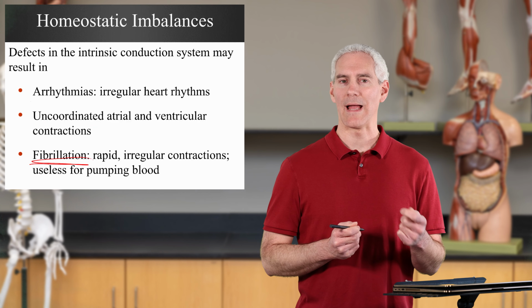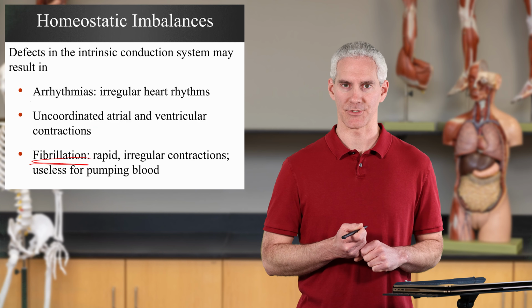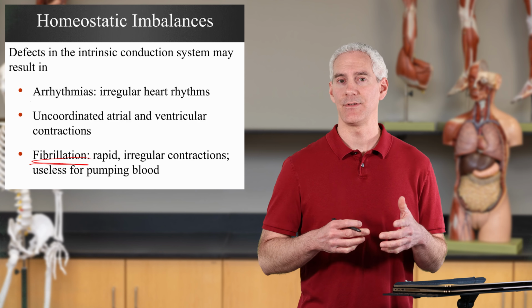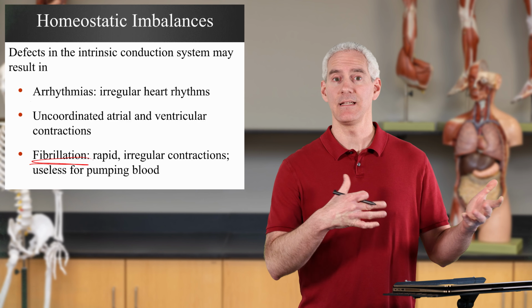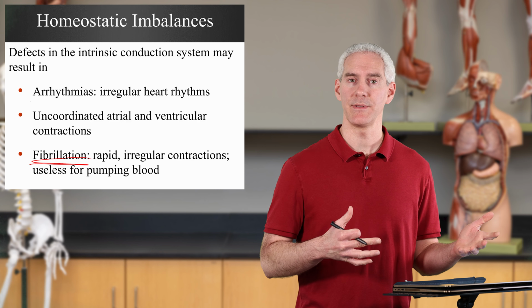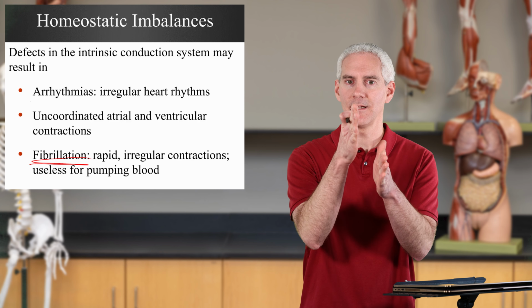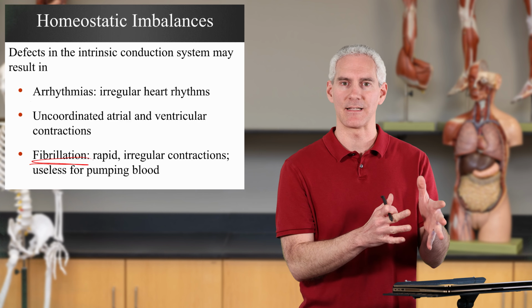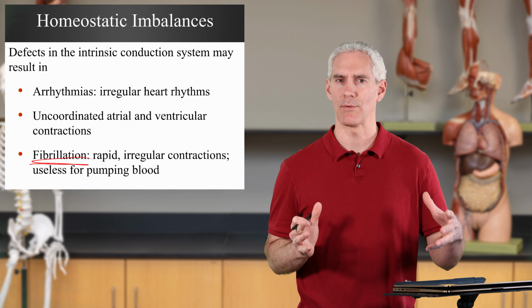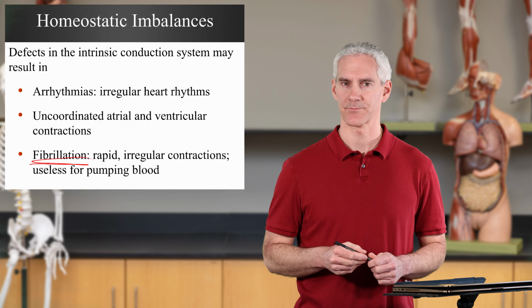Fibrillation, rapid irregular contractions. So you might end up having, if your heart beats like say 75 beats a minute, this could be 80, 90, 120, 140 beats, but they're not in proper order. It's very fast, couple big, couple small, on and off, on. It's completely a random mess of contractions.